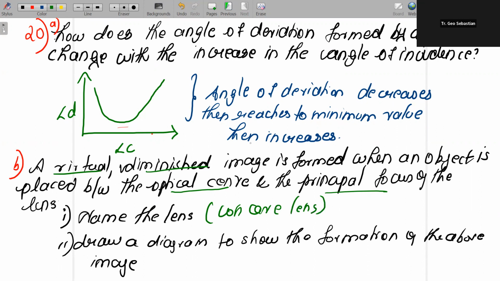Whenever they ask any question like name the lens, remember concave lenses have more application, so mostly they will ask that, because drawing with a concave lens is confusing. But I didn't say you will always get concave. Convex is also a possibility, but mostly they'll ask concave.